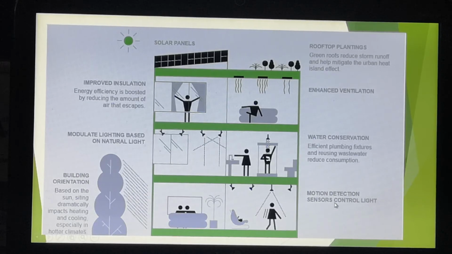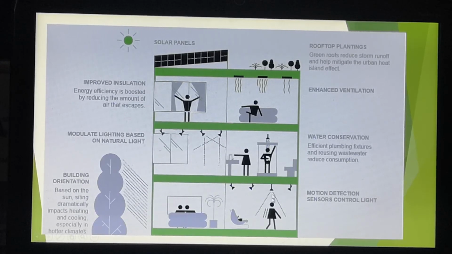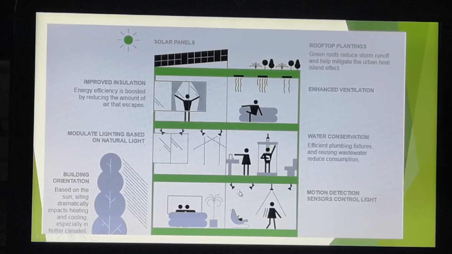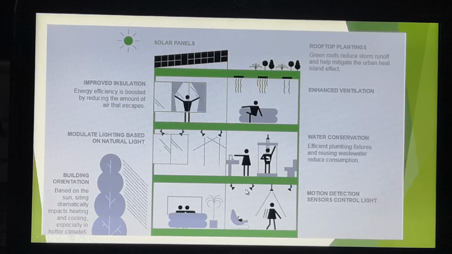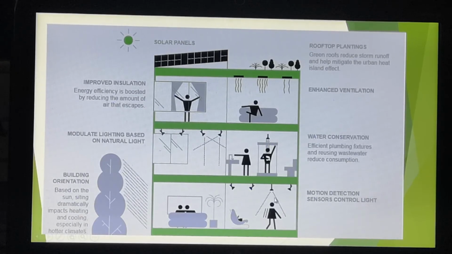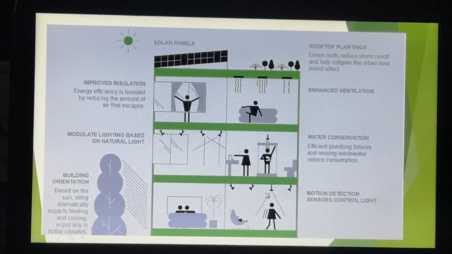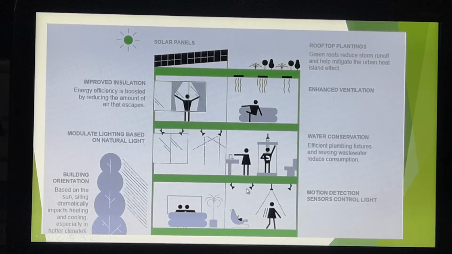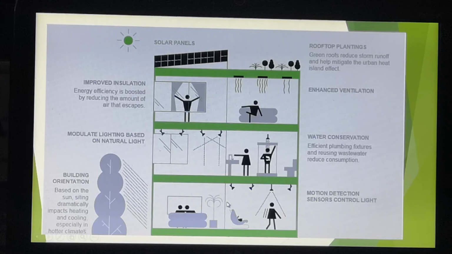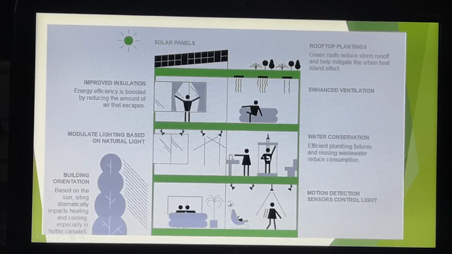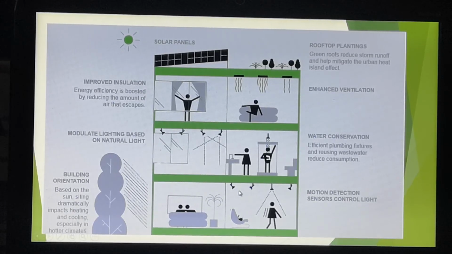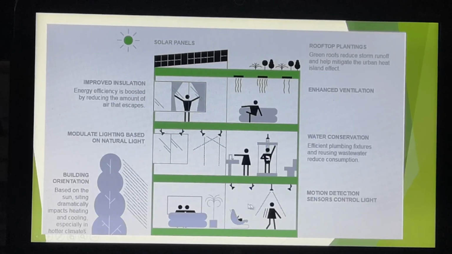And the motion detection sensor control light is one of the green building concepts also. So whenever the sensor detects someone, the light is on. If nobody is around, the light is off. So it is only on when people are around the area. So you can save electrical energy, and you can save money, reduce the heat and whatever.